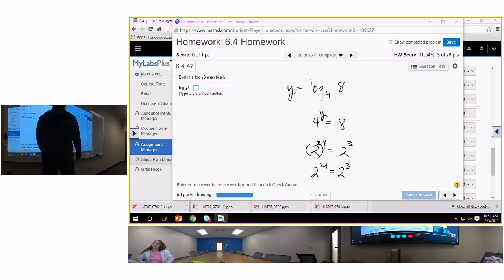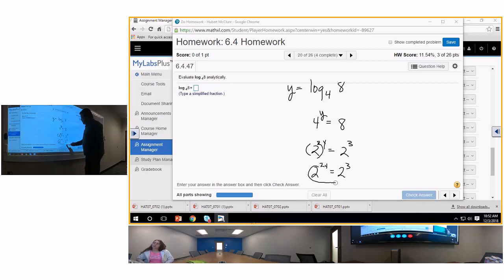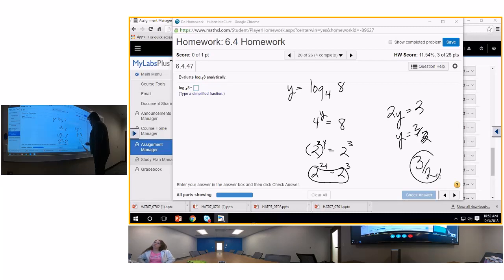And what do you do when the bases are the same? Set the exponents equal to each other. So 2y is equal to 3. Therefore, y is equal to 3 halves. So 3 halves is your answer. That's doable.